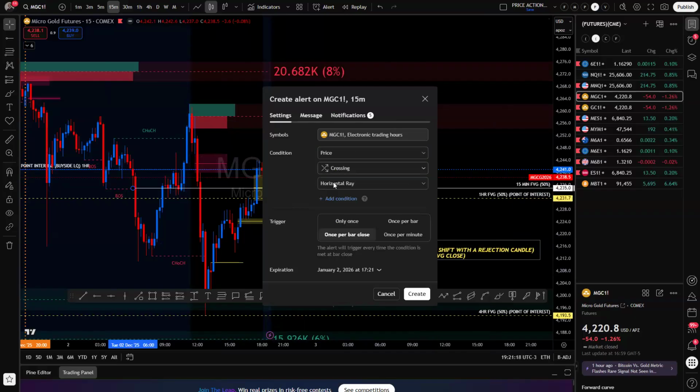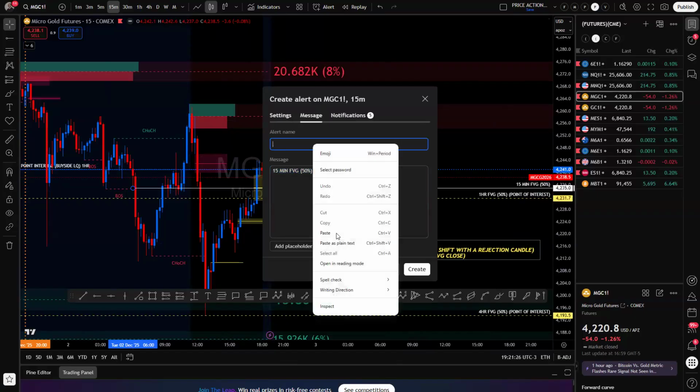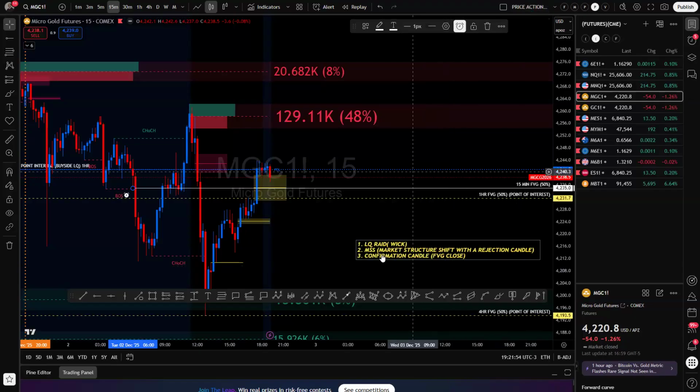We'll see price pushing up. Bullish, 3, 4. So that's what we're going to look for.